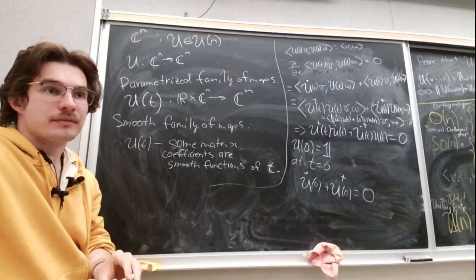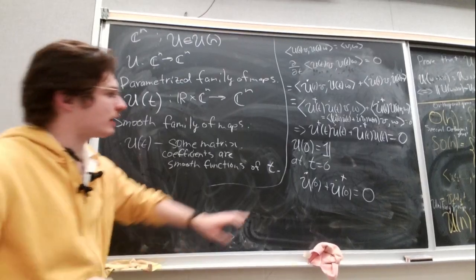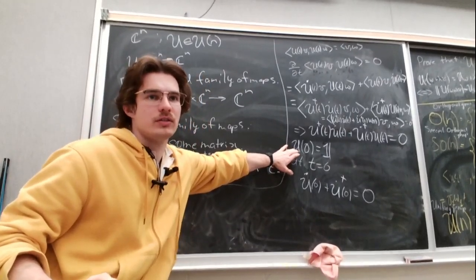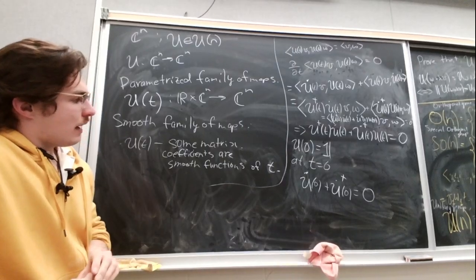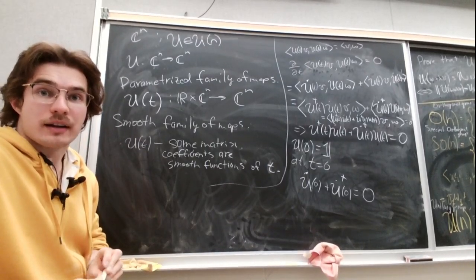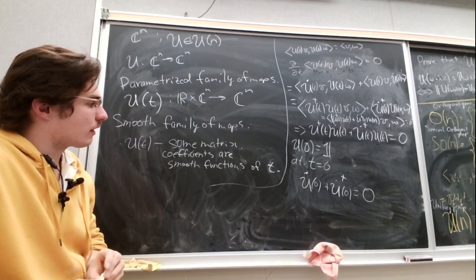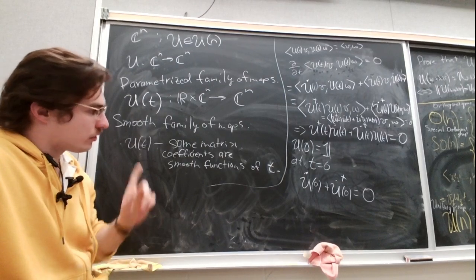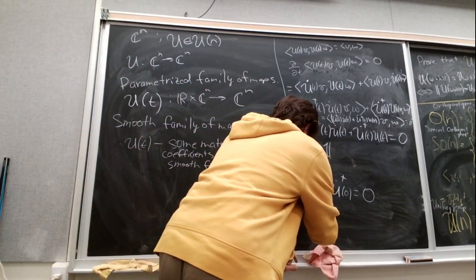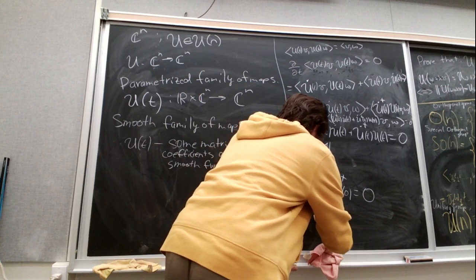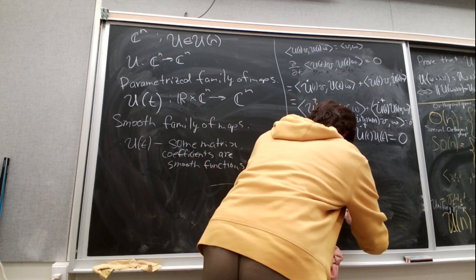So this is an assumption I told you: suppose this, then this. But what do we get about the derivative? We get that the Hermitian conjugate of the derivative is in fact minus the derivative itself.